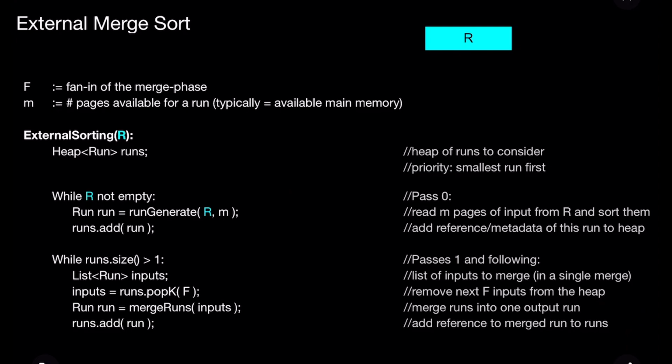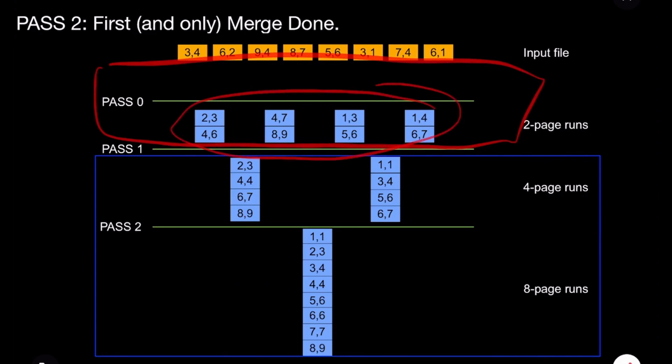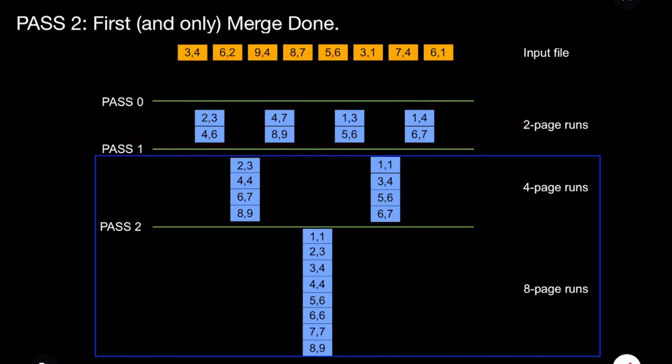So if you go back to this example, pass 0 ends here. We have all of those runs. The heap would have 4 entries, organized by size. So 2 pages, they all have the same priority. It doesn't matter, it will pick randomly 2 of those, could pick any 2. In the visualization, it's the first 2.